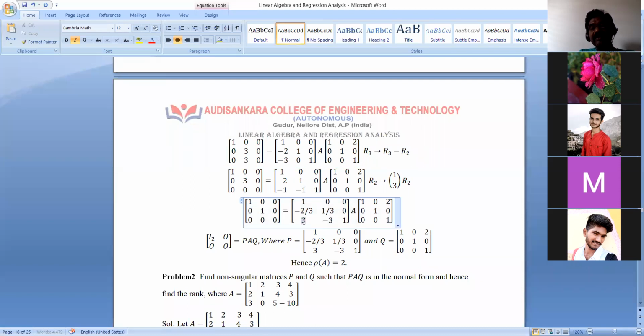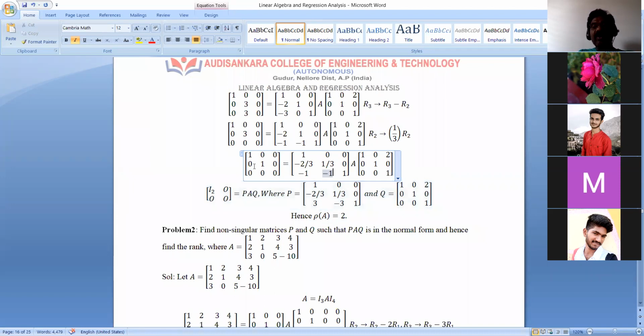Here this is minus 1 and this is also minus 1, and 1 into A [1, 0, 2; 0, 1, 0; 0, 0, 1].